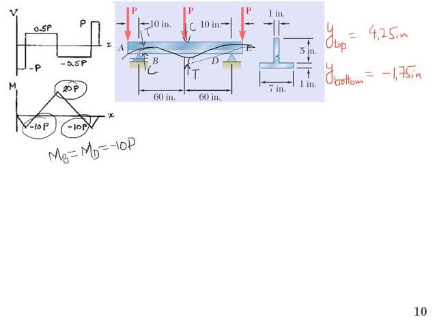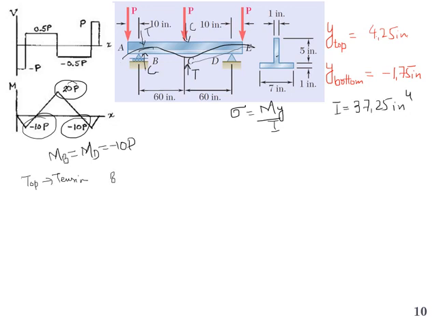Now, if I put that, we know that sigma is My over I. We already calculated the value of I, which was 37.25 inch to the fourth. Now, if we consider M at B equal to minus 10P, top will be under tension, and the stress will be the allowable stress.